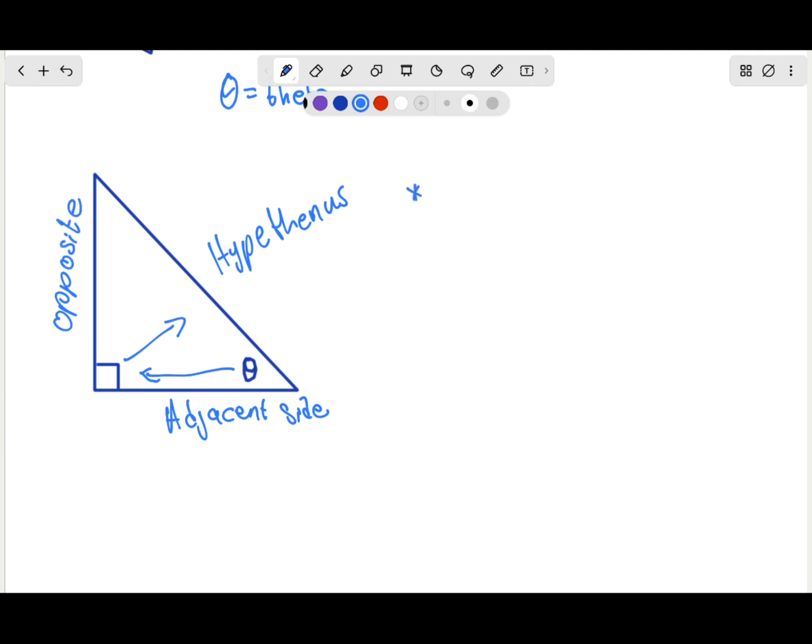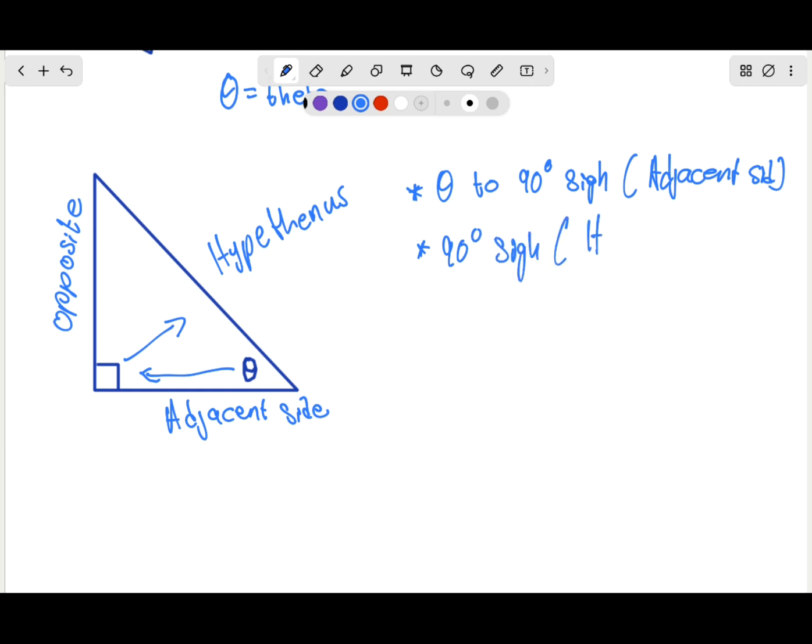Let me just write it down for you so you can remember. From your theta to the 90-degree sign, that's where you have your adjacent side. Then your 90-degree sign points at your hypotenuse.